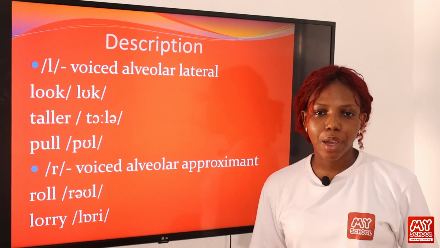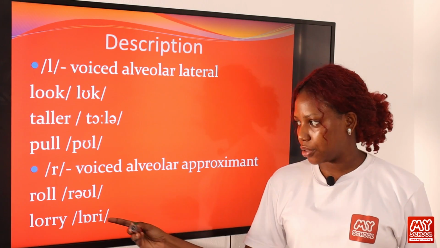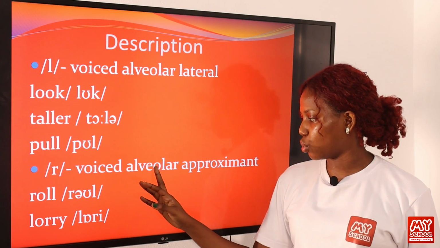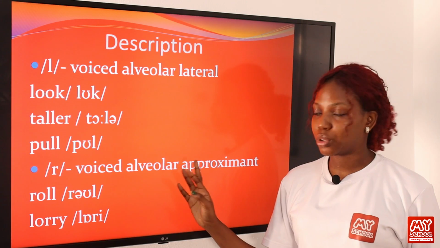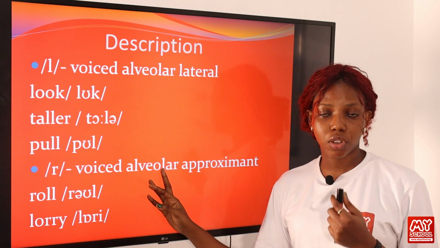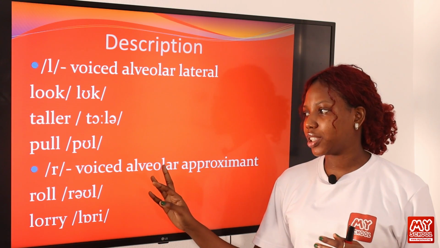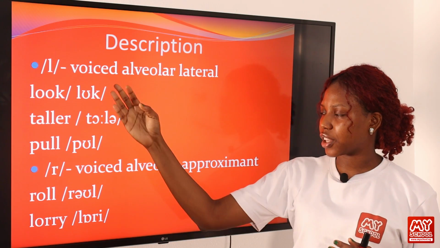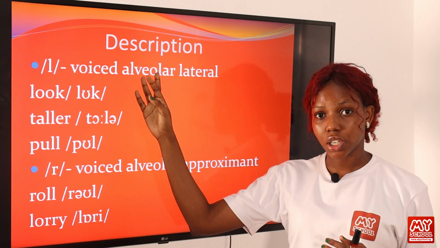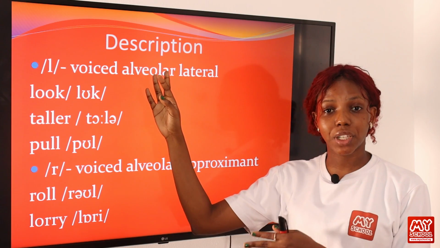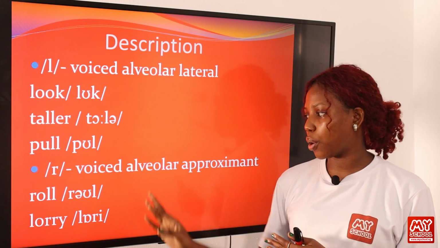Now, how do we describe and articulate this sound? This is a voiced alveolar approximant. We understand what alveolar is. It comes in contact with the alveolar ridge. But in this case, we have the lateral as an alveolar sound. When we talk about the place of articulation, it is alveolar, also alveolar.